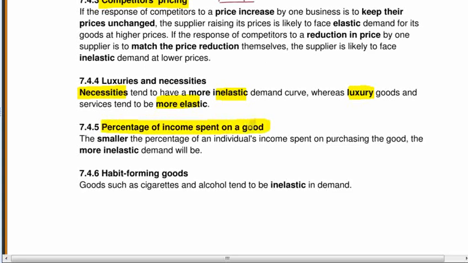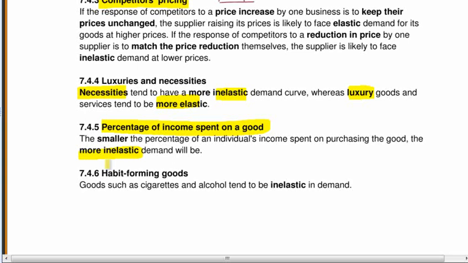The proportion of your income which is spent on a particular good can affect elasticity. If you spend a very small proportion of your income, then you really don't care if the price goes up. Take the price of a box of matches. I don't even know how much a box of matches costs, but if the price doubled, I would still buy the same number of boxes, to light the barbecue in the summer or the fire in the winter.